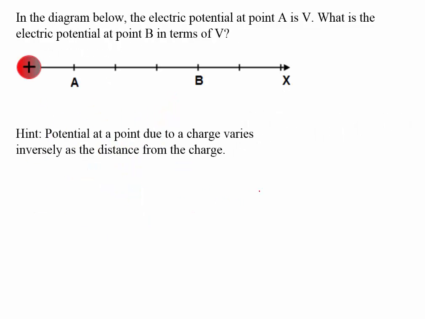Next one. In the diagram below, the electric potential at point A is V. The potential here is V. What is the electric potential at the point B? But remember, we know the potential at a point is KQ over R. In other words, the electric potential is inversely proportional to the distance.